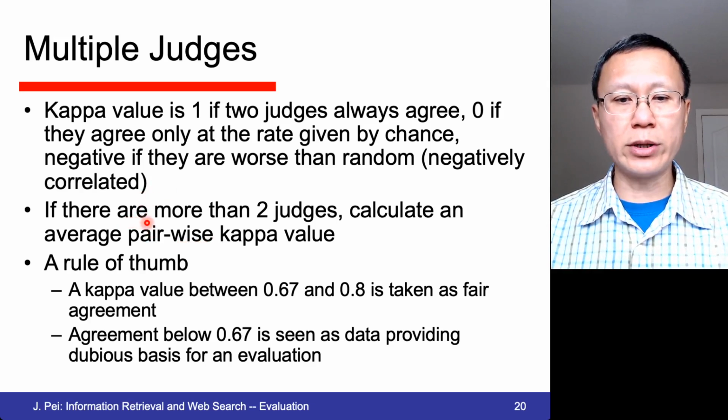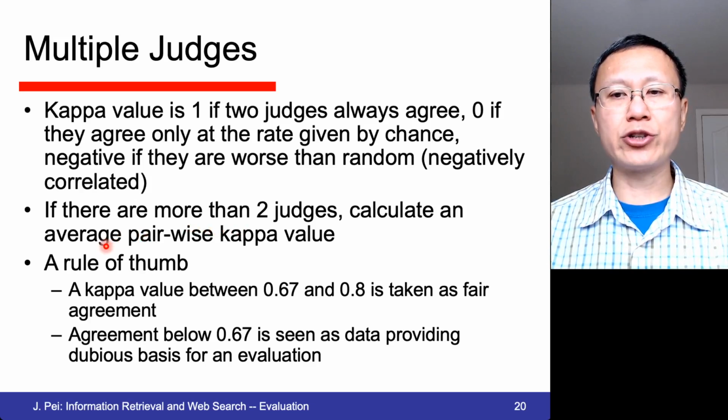So if there are more than two judges, we can calculate the average pairwise Kappa value. That is, for every pair of judges, we calculate one Kappa value, and then we calculate the average of all those Kappa values. If we have n judges, we will have n times n minus 1 divided by 2 possible pairs.